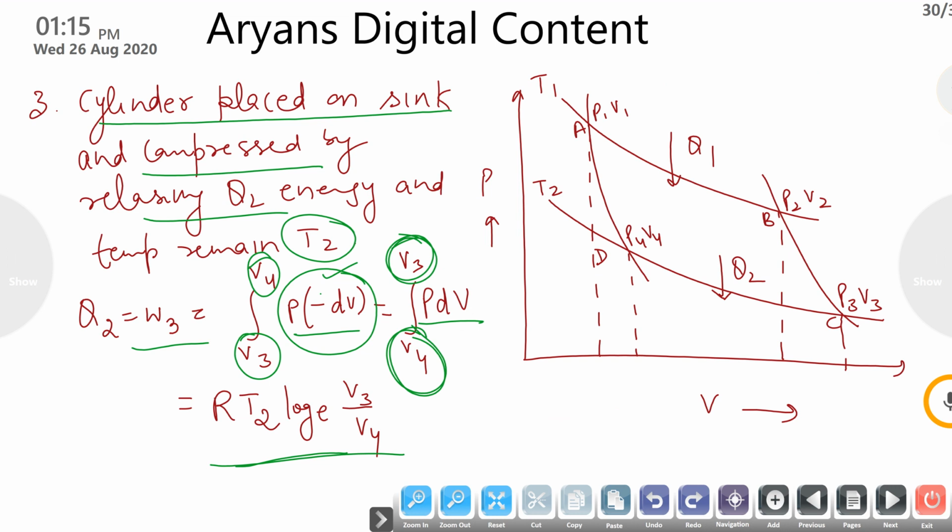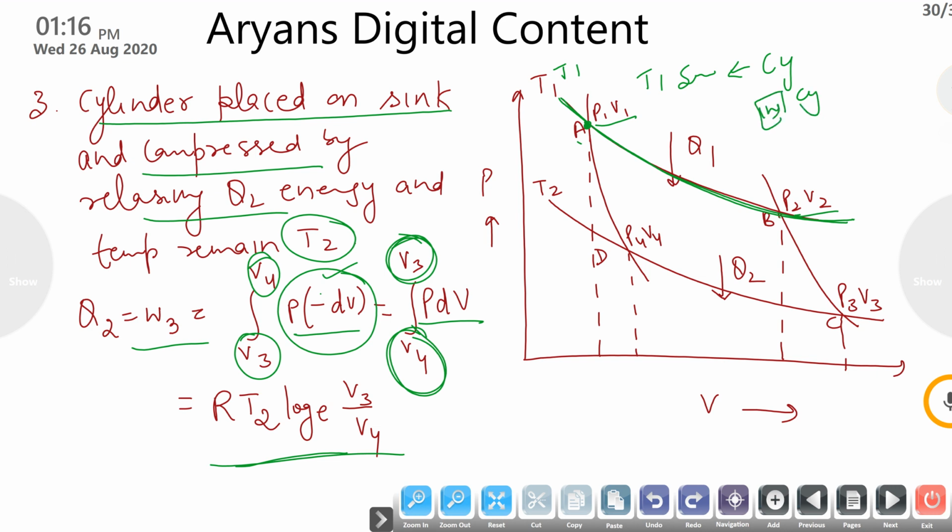Initially we are at position A and at temperature T1. This is an isothermal process, meaning the cylinder is at our source, which has temperature T1. So this curve is the isothermal process at temperature T1 from point A to B, that is P1 V1 to P2 V2. Now the cylinder is placed on your insulator.